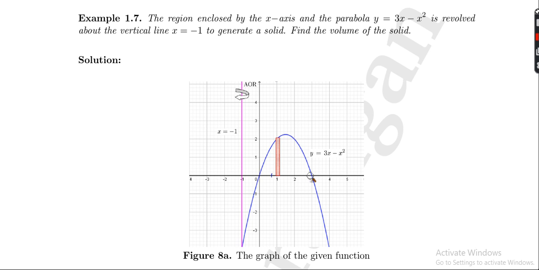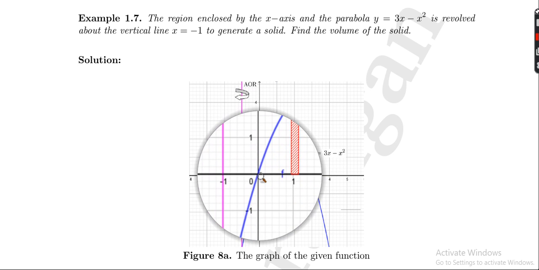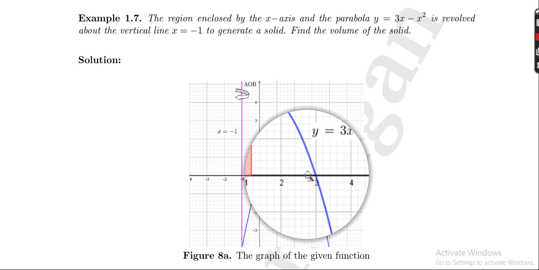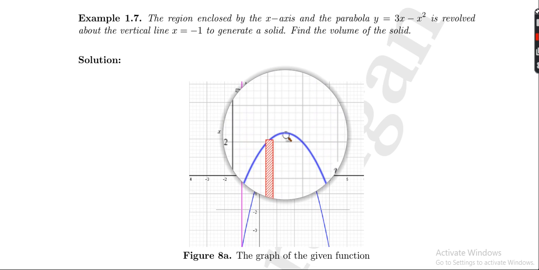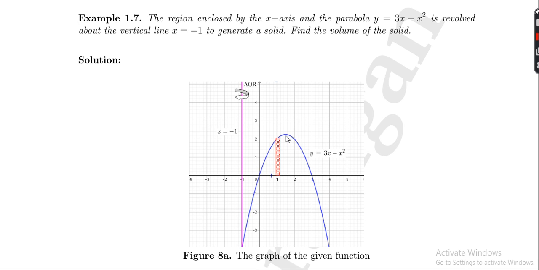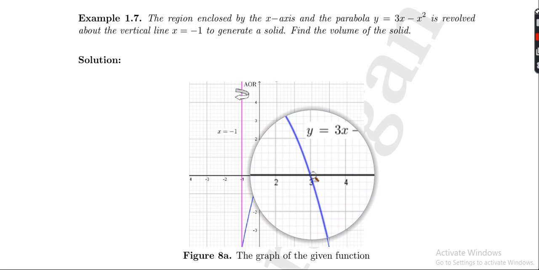Okay, so the region is bounded by the parabola and the x-axis, so we are talking about the region, this one, from the x-axis up to the vertex of the parabola. So that's our region, from the origin up to this point at 3, 0.